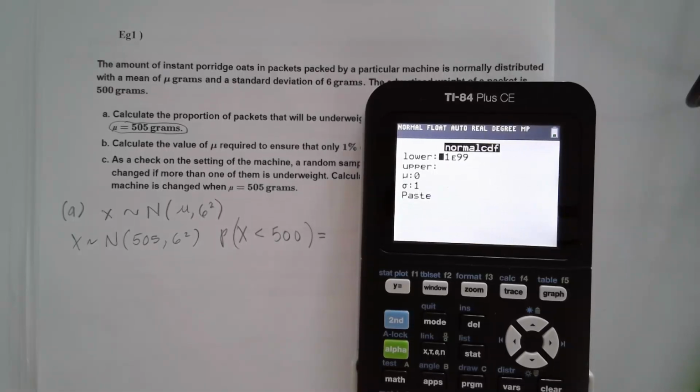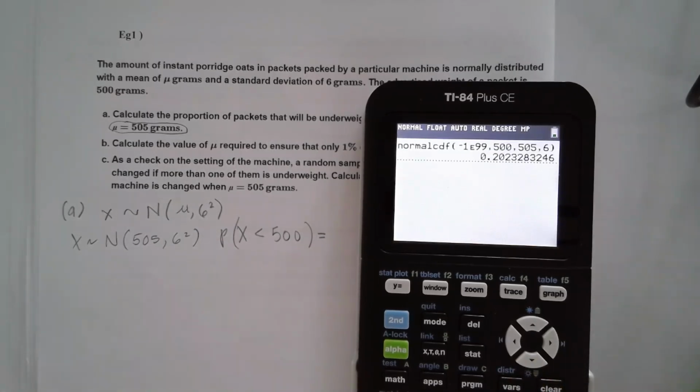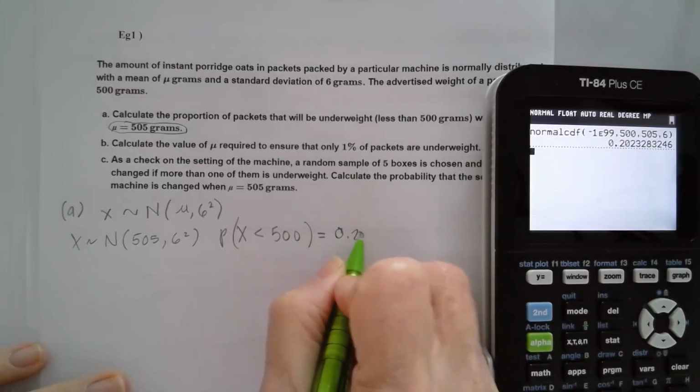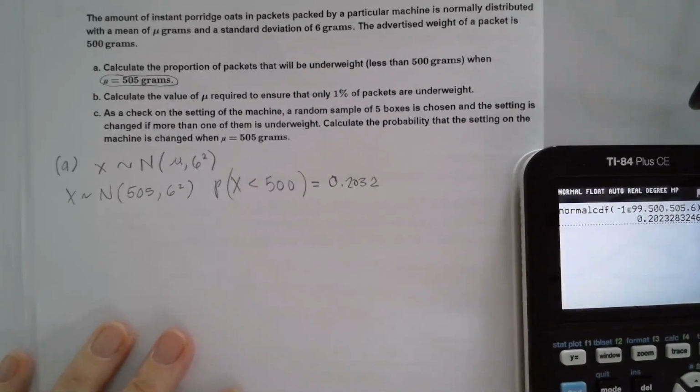And my lower is whatever's there, negative something. And my upper is 500. And this is 505. And this is 6. Is everybody cool with that? And I get this value. So really straightforward, that one. 4 decimal places we always use when we're doing these.